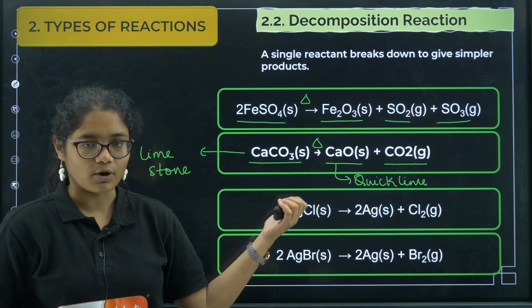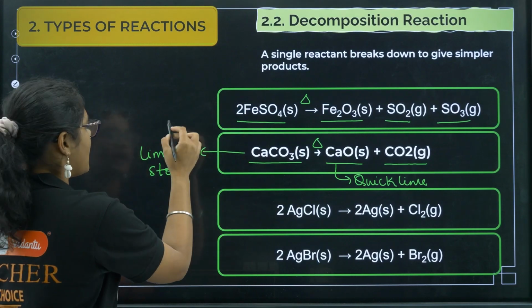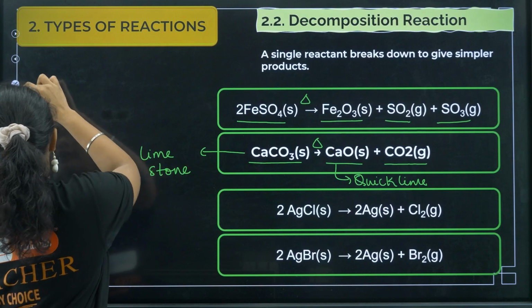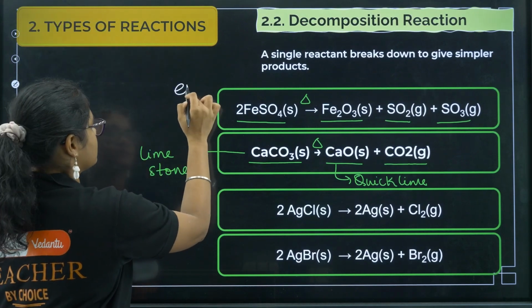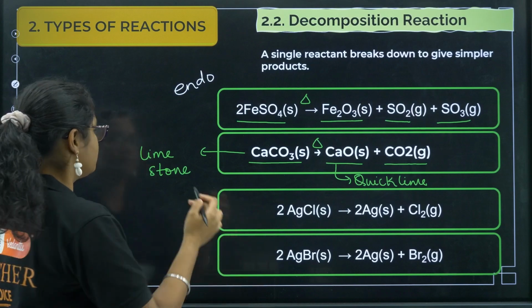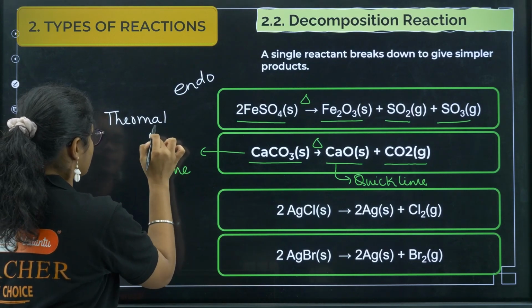This gives you simpler compounds, right? So these types of reactions which break down on giving heat are definitely endothermic reactions. Now, because you are providing heat and breaking them, this is also called thermal decomposition reaction.